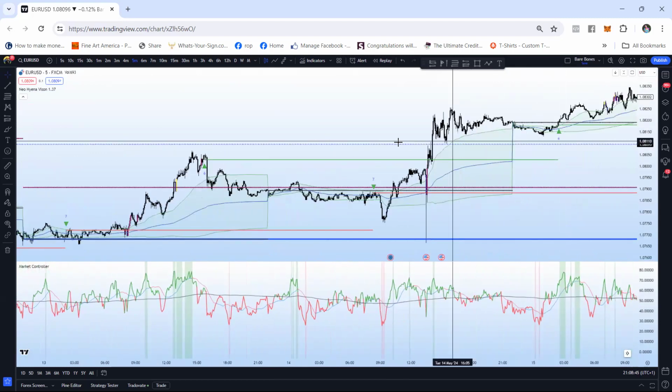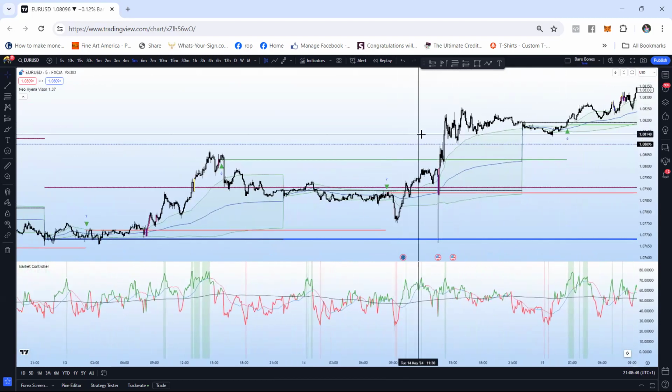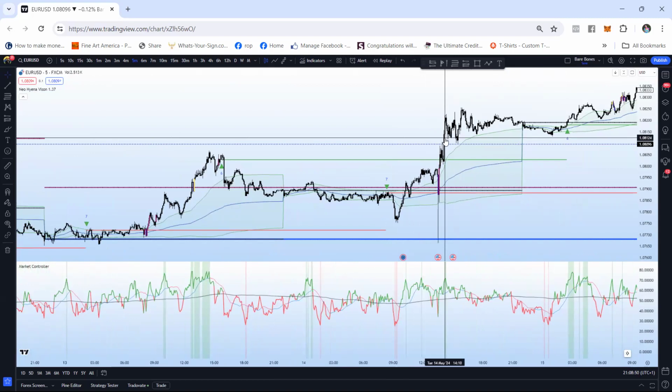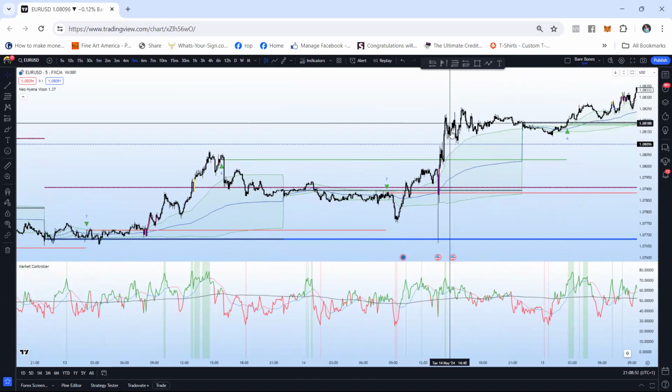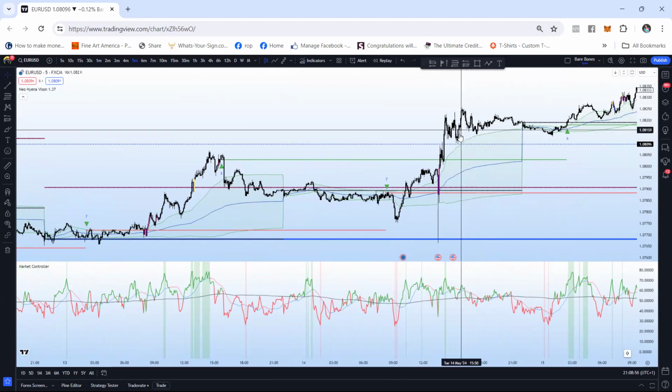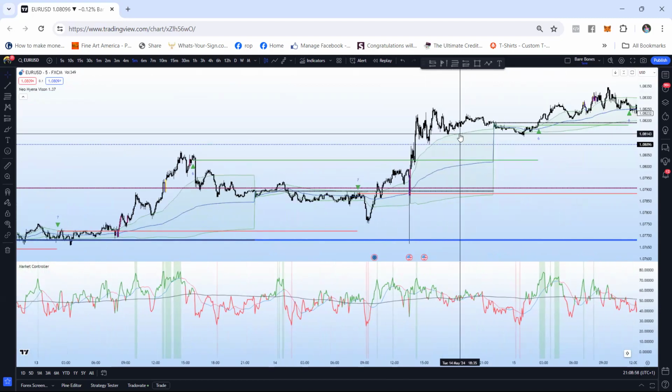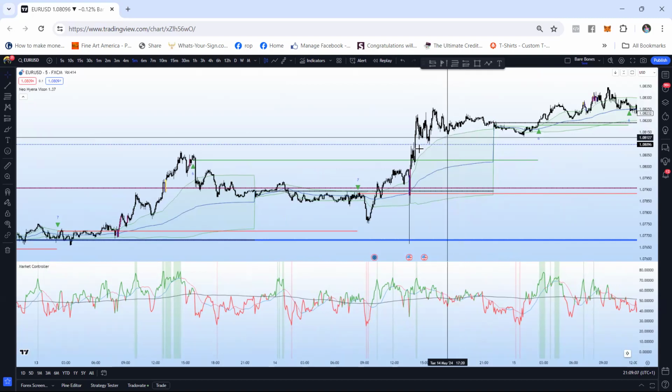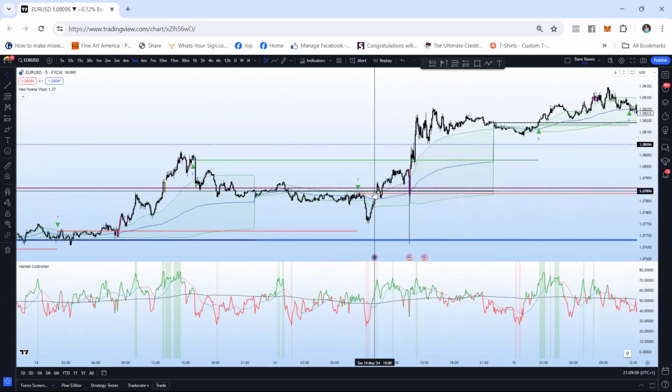As you can see, this level got broken right here, and it didn't hold. But what did it do? Once it broke through, that became your break and retest point. So a lot of concepts that you have probably heard before, like break and retest, breakout trades, it's not that they don't work, it's that people aren't taught the relevant pricing levels to actually watch for these things occurring at. Does that make sense?